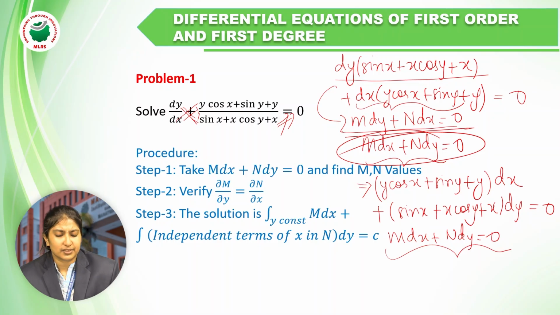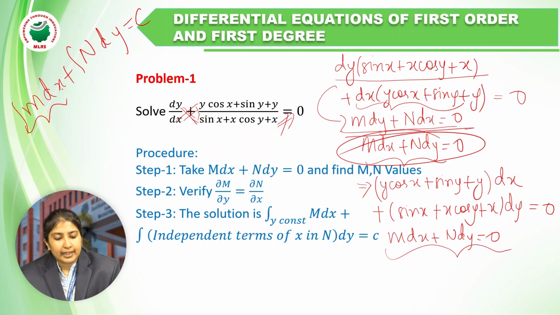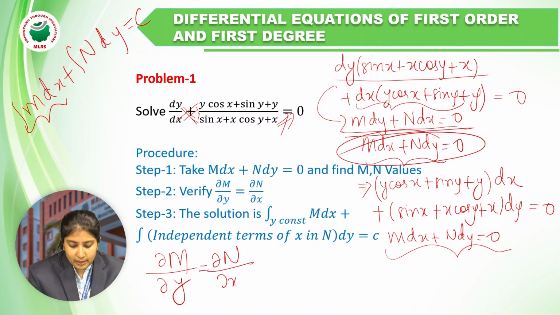Actually here it is written solve, but the reason is that once it is an exact differential equation, the solution is given by the integral of m dx plus the integral of n dy equal to c, where y is constant in m, and in n we only take terms which are independent of x, right? So now we have to satisfy the condition dou m by dou y is equal to dou n by dou x. Only then we can say that the differential equation is exact, and then you can find the solution.